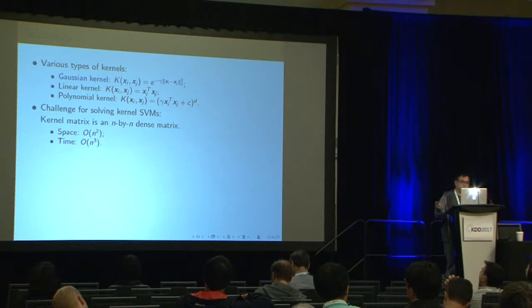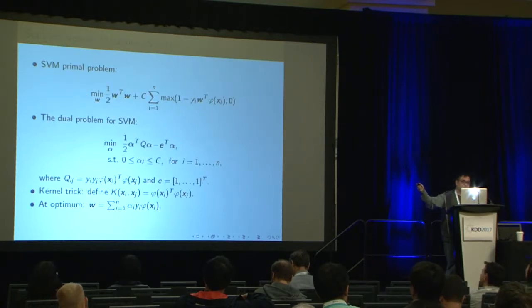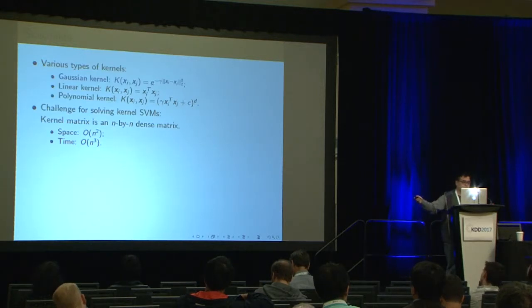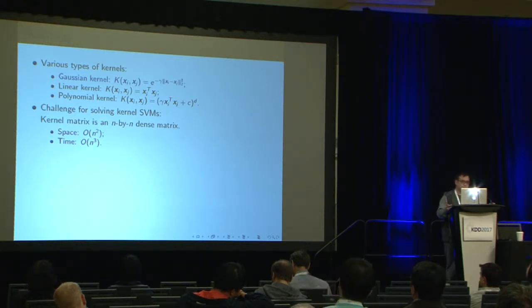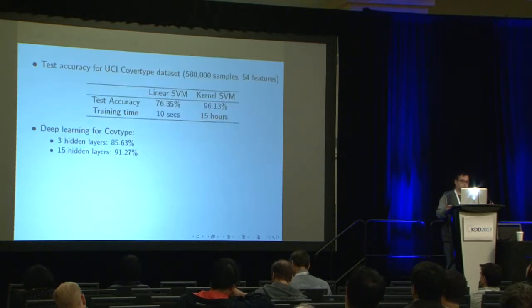And the time for solving a conjunctive minimization problem in the worst case is n cube, which is very large because n is the number of training data. If you have millions of training data, then you will take forever to solve this problem. Of course, there are some tricks to speed this up, so it's still solvable, but it's very slow.